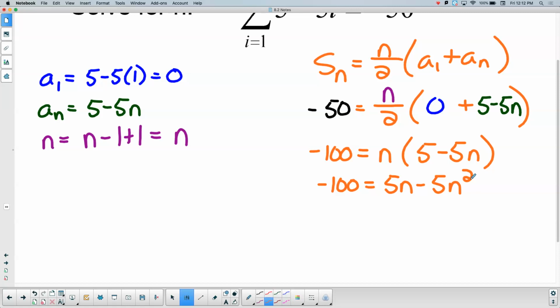Then when you add up, I'd move the other. I'm a big positive on my squared term kind of a person.